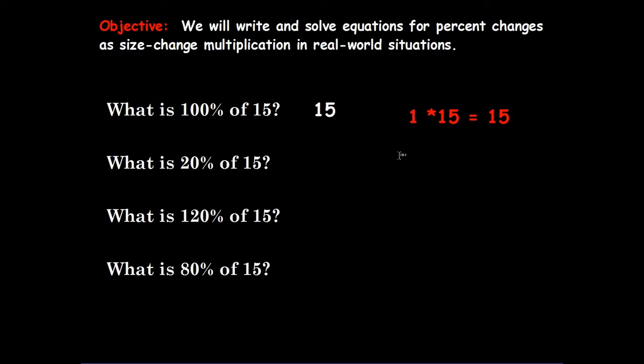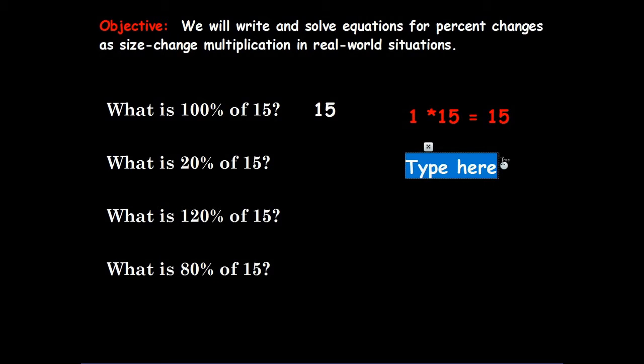All right, what is 20% of 15? Now, there are multiple ways you could have worked this out. Some of you would probably say, oh, I know 20%, I can get that if I divide 100 by 5. So maybe if I divide 15 by 5, that'll give me the same thing.